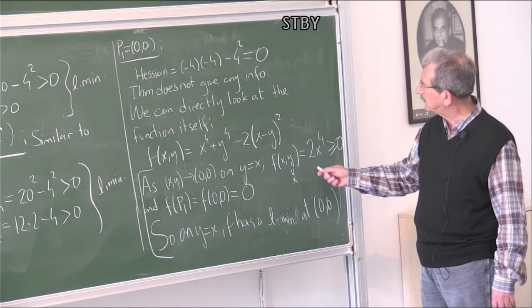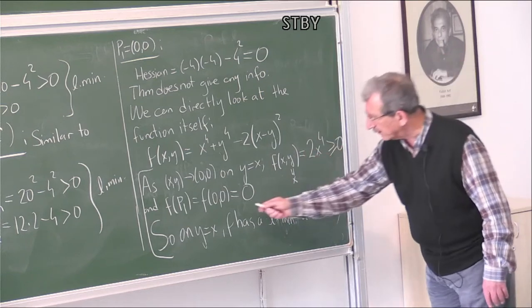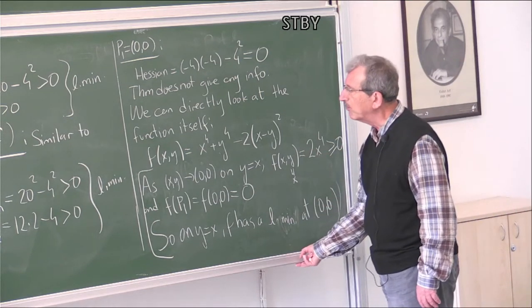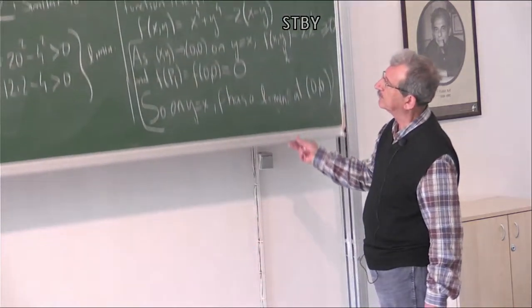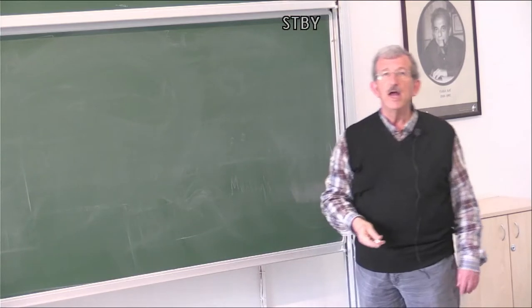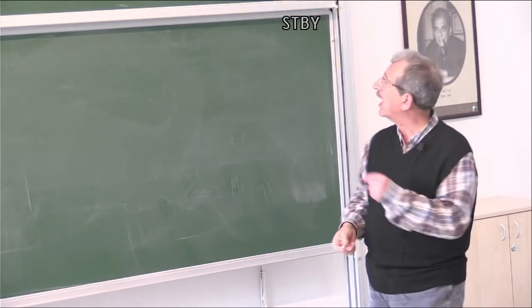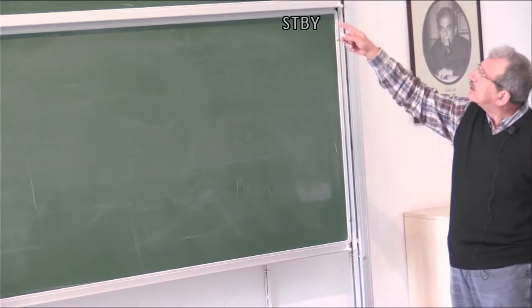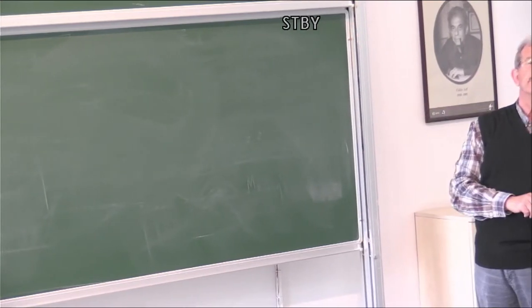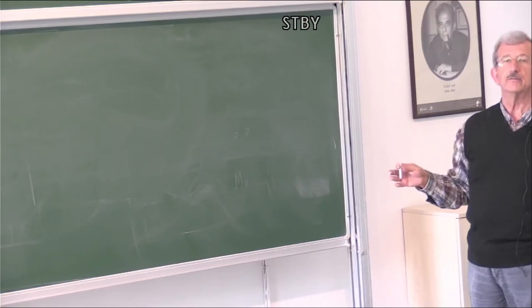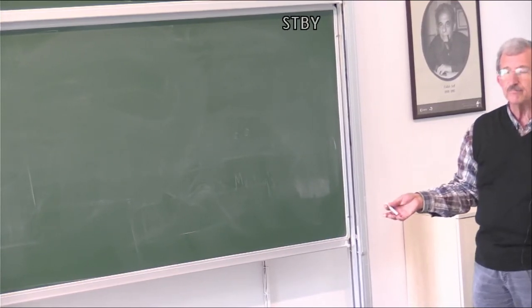So that says all values are bigger than the value at 0, and so it's a local minimum value. Okay. But this does not say f itself has a local minimum, because we restrict it to y equal to x. What happens in other directions? There are infinitely many others.